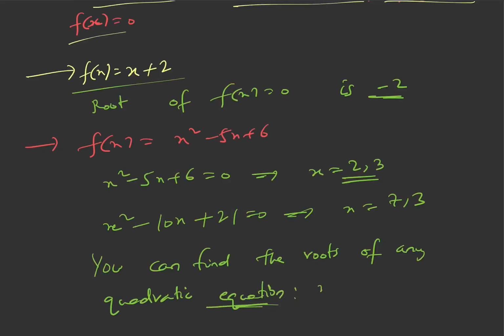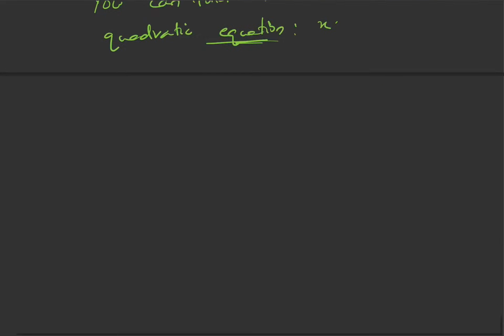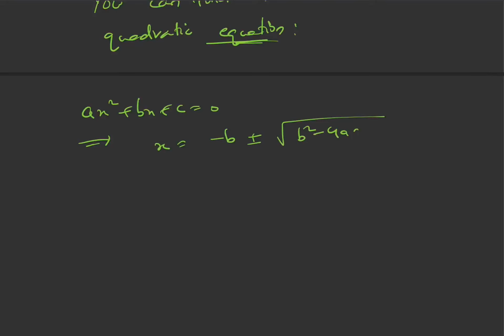You can find the roots of any quadratic equation by using the formula, right? What is the formula? ax square plus bx plus c is equal to 0 means that x is equal to minus b plus minus square root of b square minus 4ac by 2a.